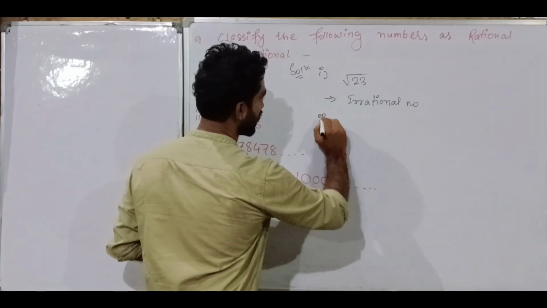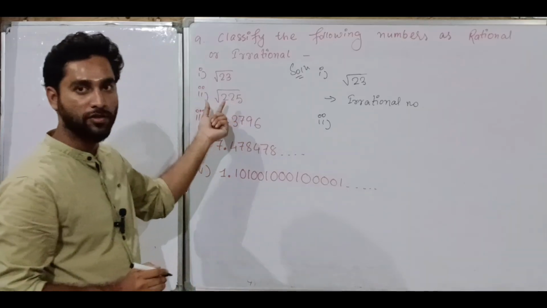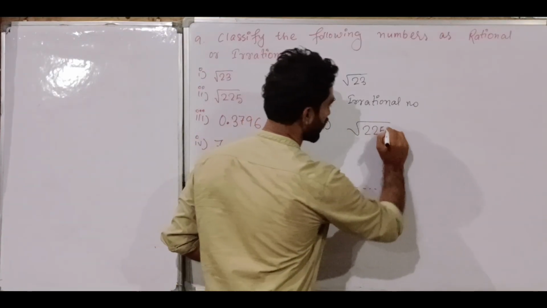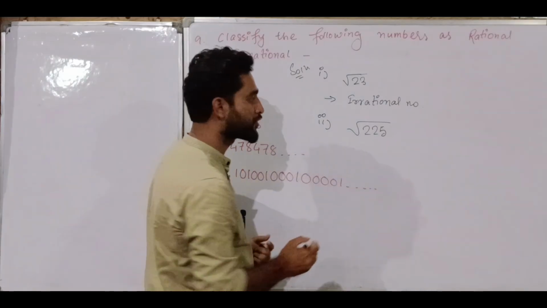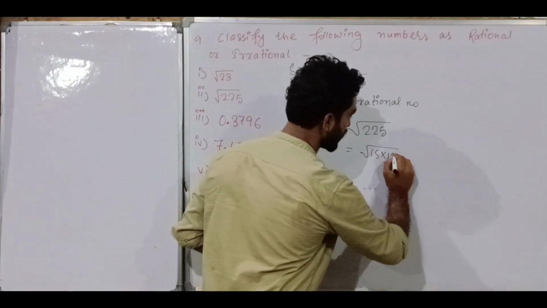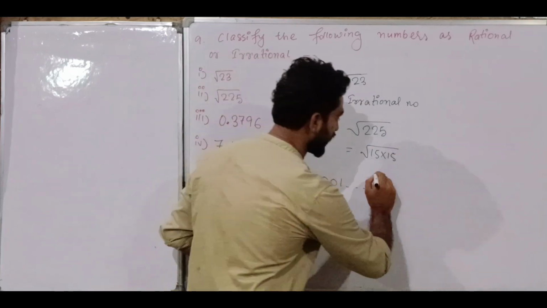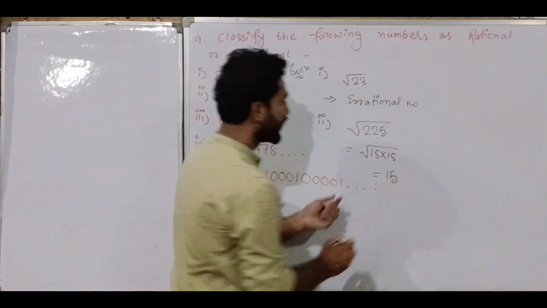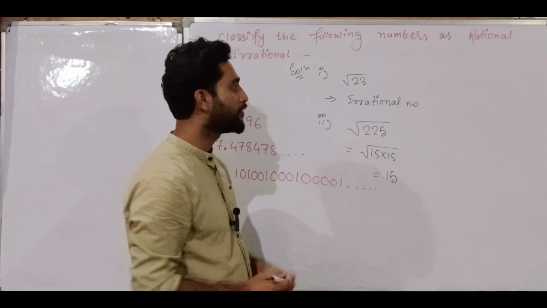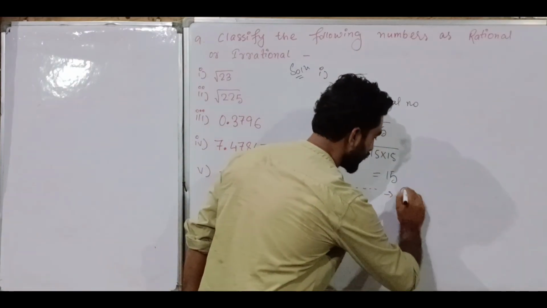Now the second question is root 225. So root 225 is a perfect square root. This is the square root of 15 times 15. So since it is a perfect square root, root 225 is an example of a rational number.